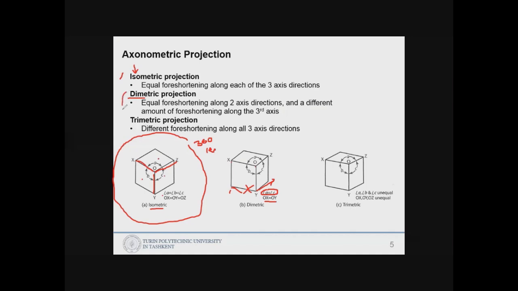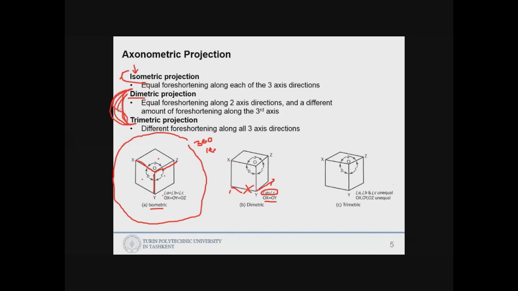These 3 of them we use when we work with 3D information in software, in the computer. But in technical drawing, in hand drawing or instrument based drawing, we draw isometric projection, because drawing the others by hand is very difficult.